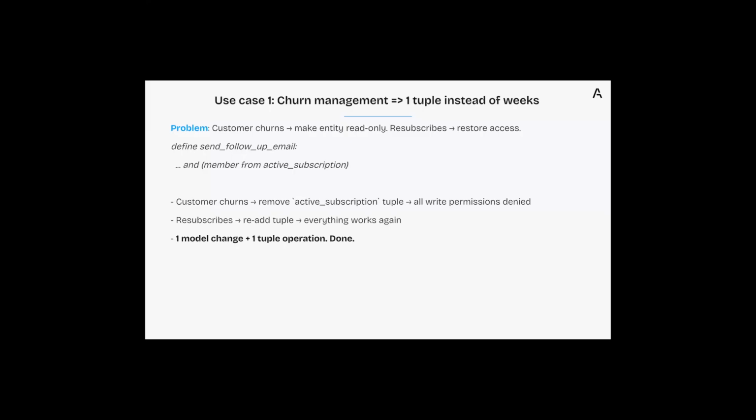And read operations still work, so users can see their data. And if they resubscribe, if we win them back, we just add the tuple back, we put active subscription again, and all the permissions are back to what they had before.